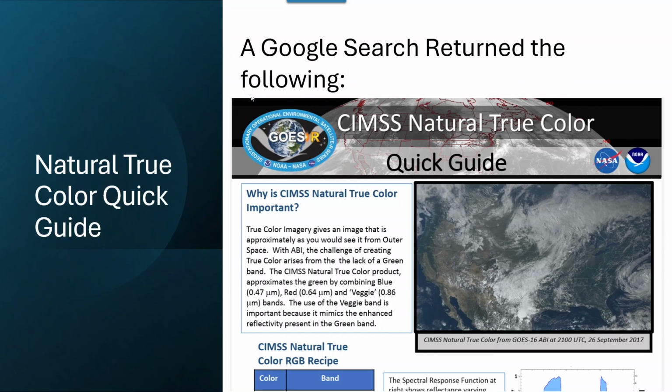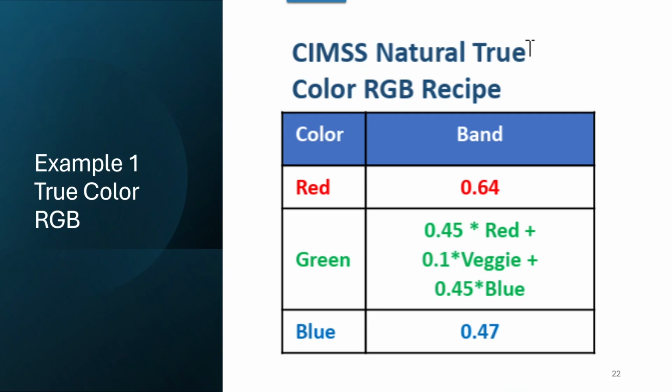This is a quick guide, and it gives us the recipe, and these quick guides generally always show you how to decode the colors that you will see in a final image. That will become more apparent in our future examples. So this is what the actual recipe looks like.